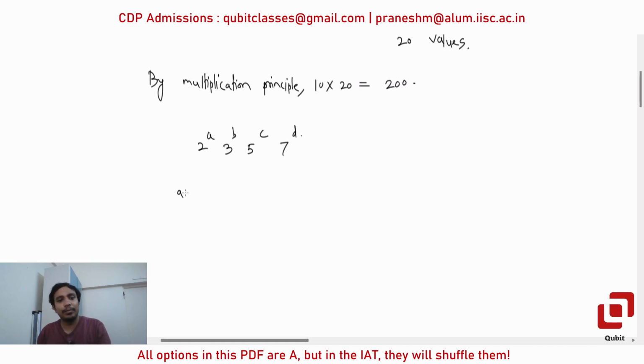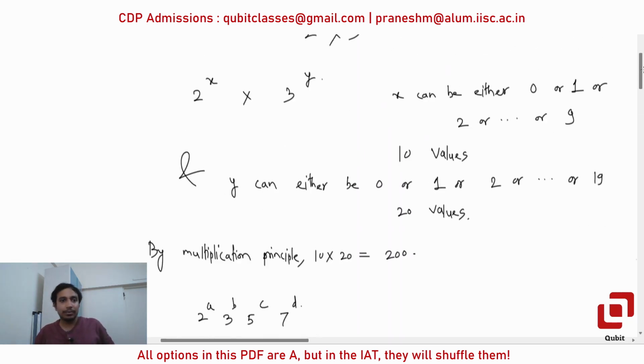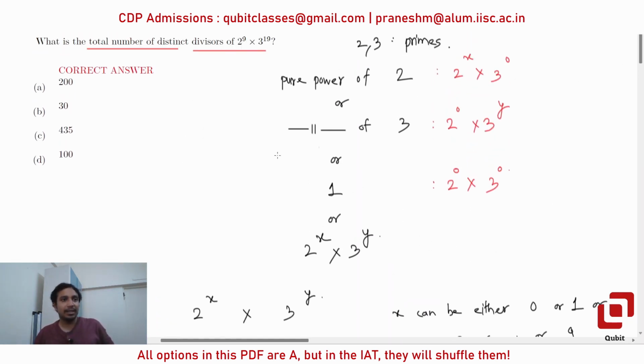I'll say it would be (a plus 1) into (b plus 1) into (c plus 1) into (d plus 1). Why are we adding 1 to these? Because if a max is, let's say, 10, the number of values of a will be 11, from 0 to 10, because we want 1 also to be a factor. So the correct answer is A.